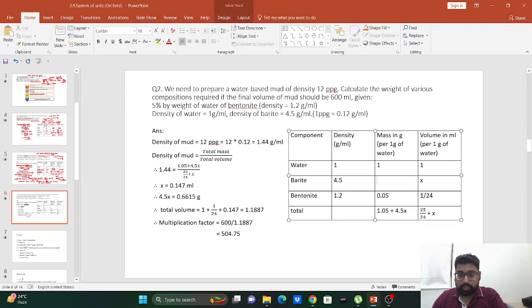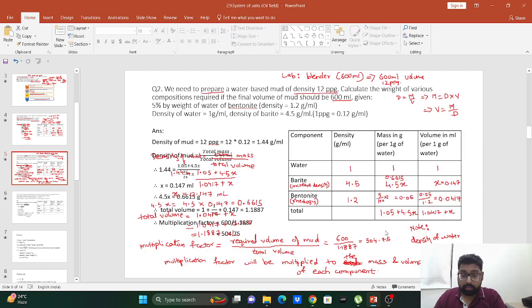After calculation, we got this as 0.147, this was 0.6615, and this value is 0.417. Final volume and final mass we got as, let me just check what the final mass is.